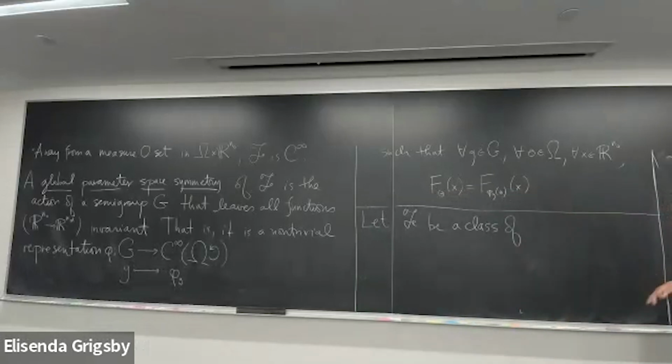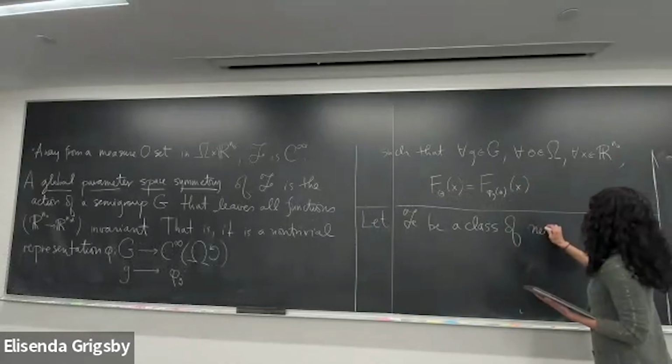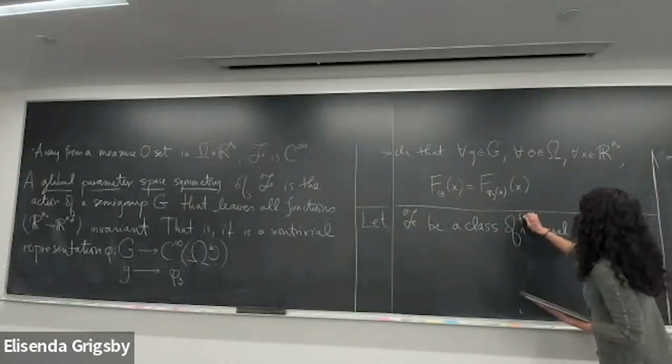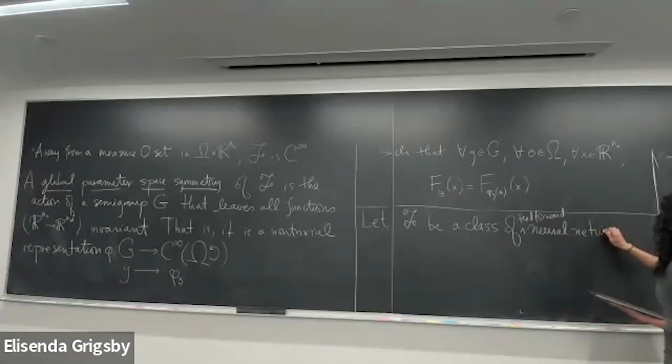I'm just generally going to be talking about parameterized function classes of neural networks. So let's let F be a class of feed forward neural network functions.